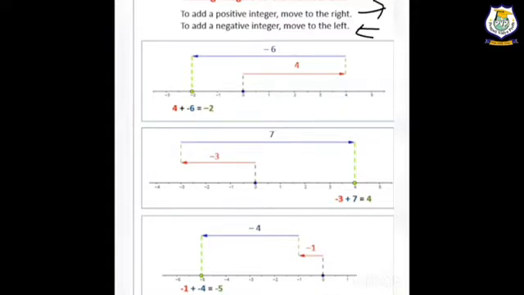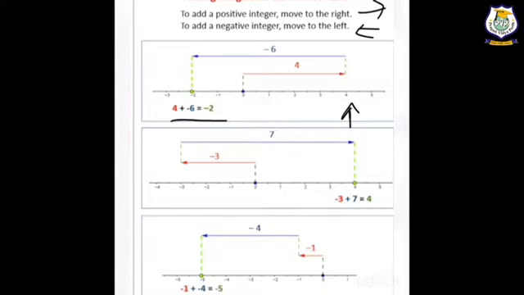Now we are having the first example. Our first example is 4 plus -6 is equal to -2. So what we will have to do, the first number is indicating the number, here is our 4, so we are indicating from here, that is 4. Now the second number is for taking the steps.